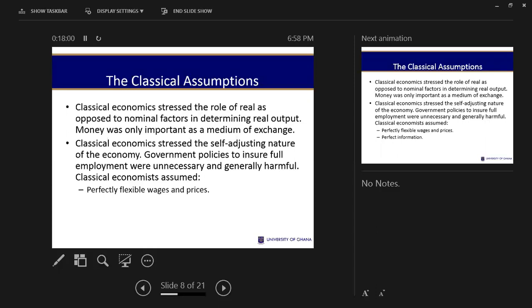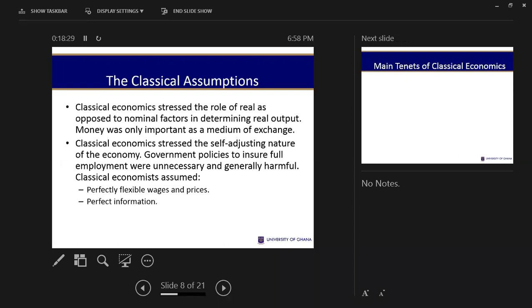The reason why government policies are not needed, and that there's a self-adjusting nature of the economy, is that wages and prices can freely move. As a result, if today they are too high, then it's expected that in the next period they will reduce just to restore equilibrium. And there's perfect information.